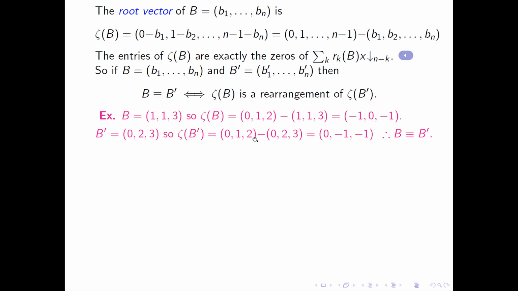Because 0 minus 0 is 0, 1 minus 2 is -1, 2 minus 3 is -1. So notice that that's just a rearrangement of this thing up here. So there you go, right? I want it to have the same number of coordinates, so that the degrees of the corresponding Rook polynomials are the same. Okay, I hope that makes sense.